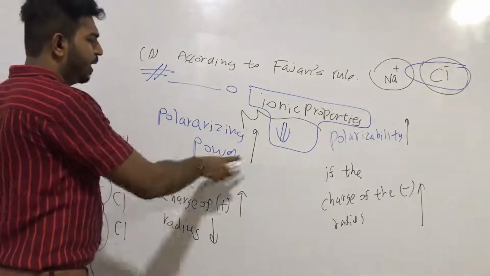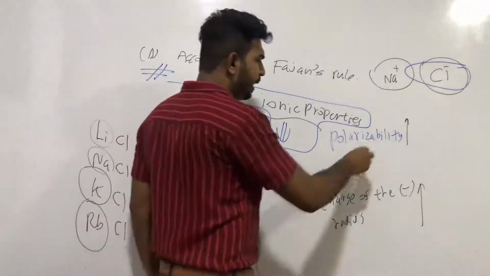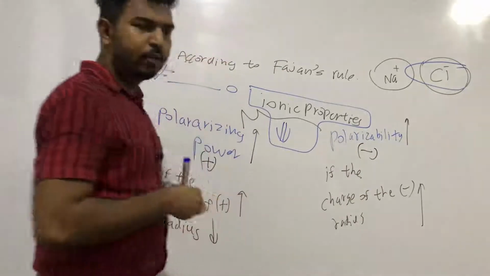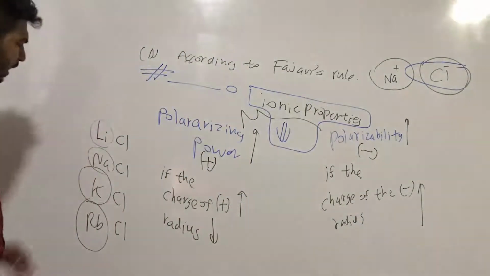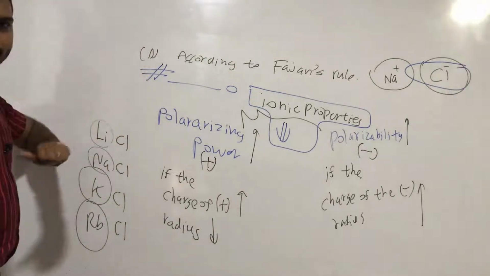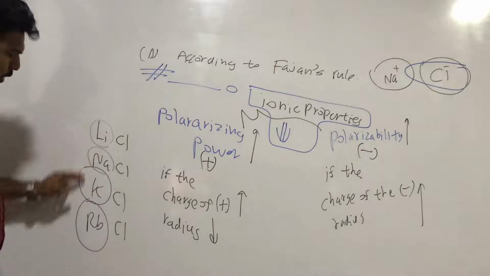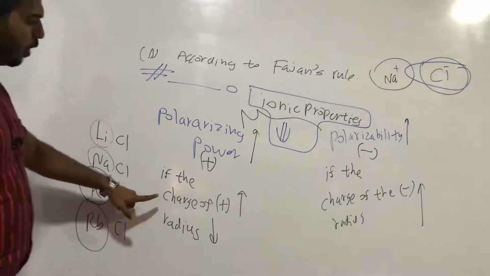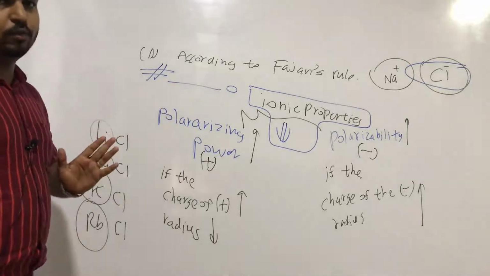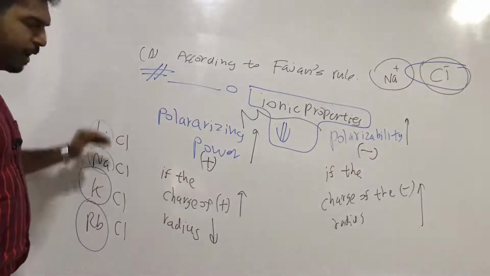We have to check polarizing power for cations and polarizability for anions, so we don't have to check polarizability. We have to check the polarizing power. Since all the cations contain +1 charge, we don't have to consider the charge also. We have to consider the radius only.